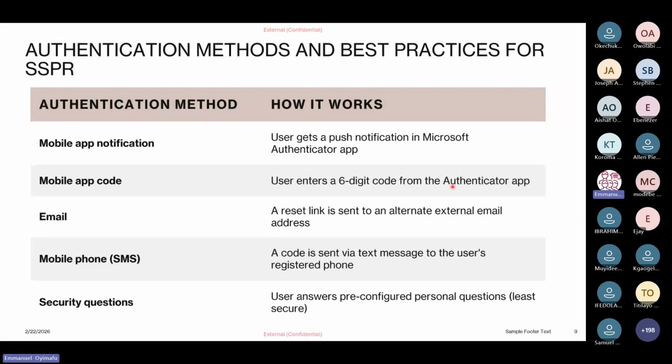With email, a reset link is sent to an alternative email address. This is one of the common ones that we use: if the person wants to reset the password, a reset link can be sent to the email address of the person. Then the next is mobile phone SMS. With this one, a code is sent to the user on their registered phone.